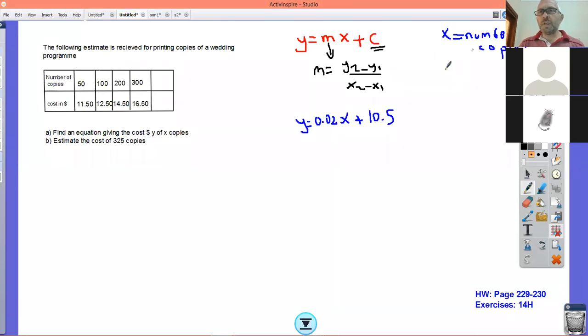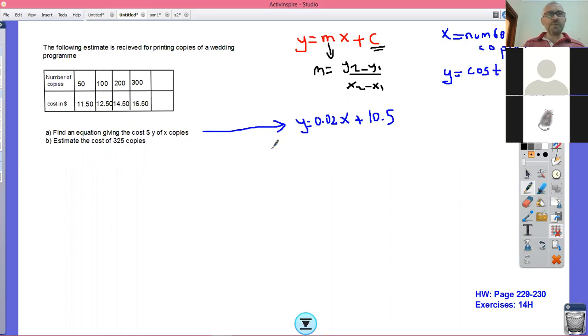Y will be equal to total cost. This is how we find an equation giving the cost y dollars of x copies. Now we found it.